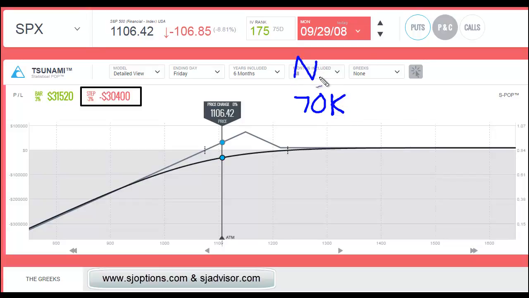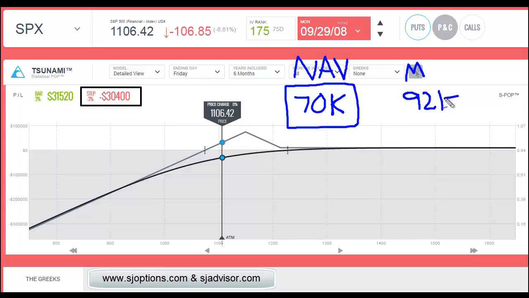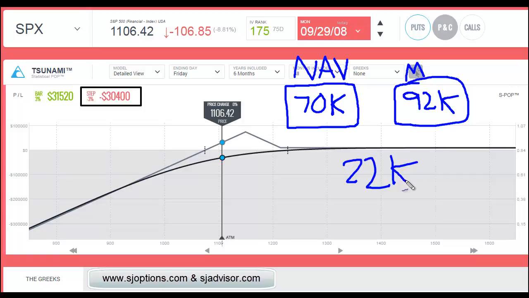So the value of your account is now 70,000, but the new margin was 92, I think. So you have a margin call in 1 day of 22,000. Okay. And this was using only a third of your buying power. So you're only using about 30% of that account, and you still had a margin call of 22,000.